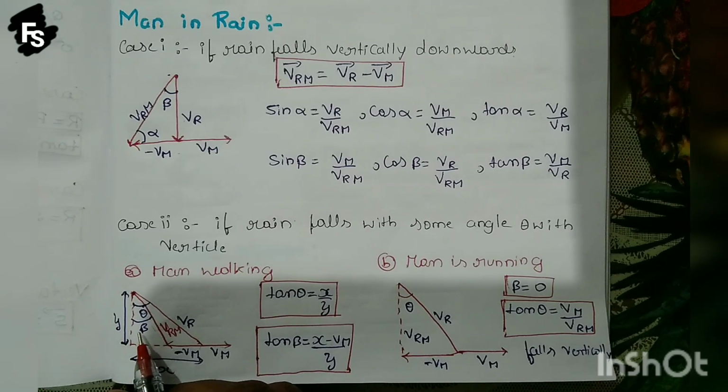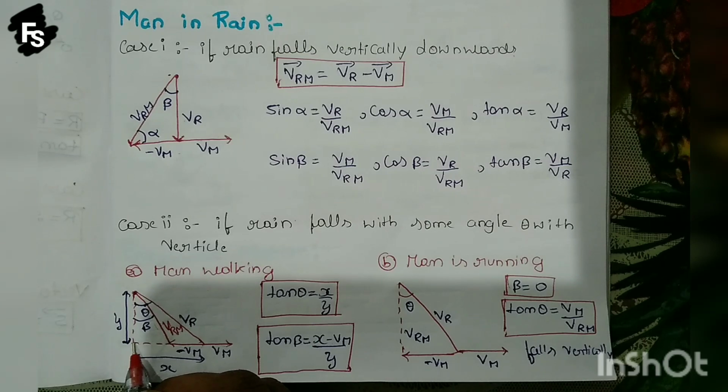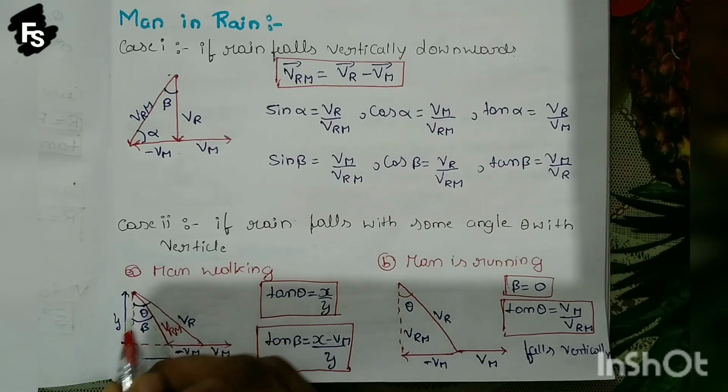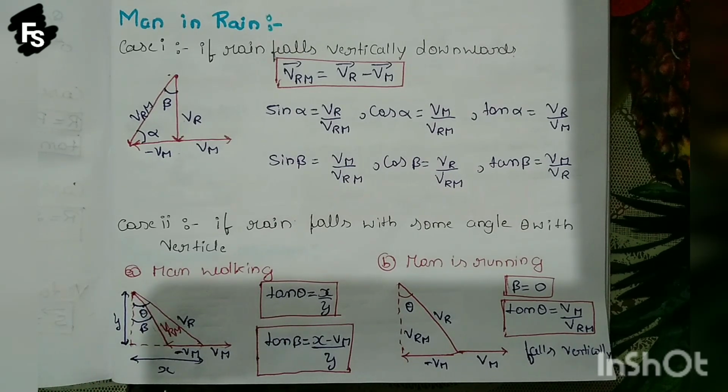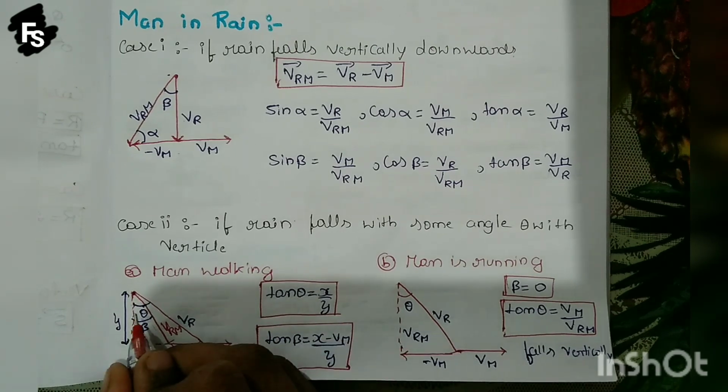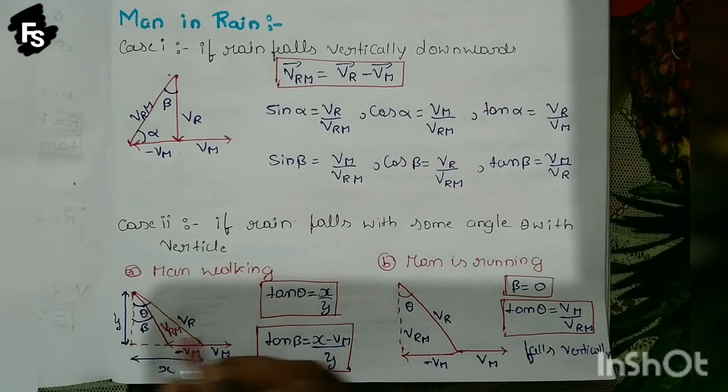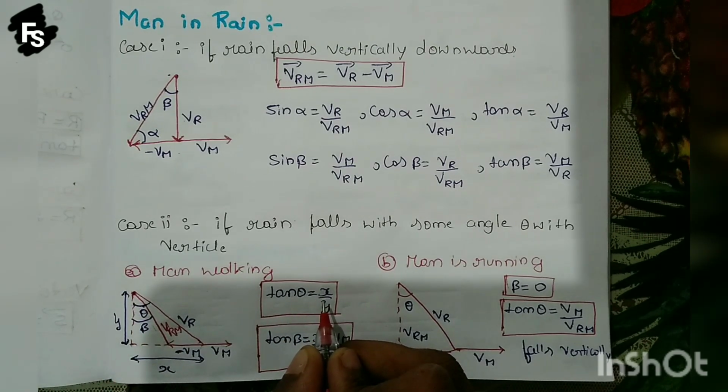Then how to find it? Using this formula, tan beta is equal to x minus Vm by y. X means the distance between the vertical and the man, and y means the distance between the man and the ground, the height from which the rain falls. Then if you want to find theta, tan theta is equal to x by y by the Pythagoras theorem.